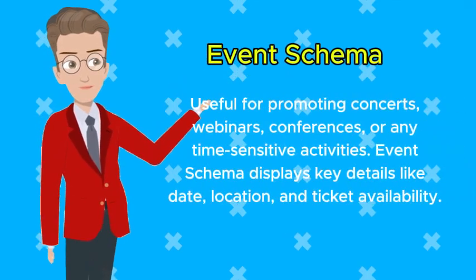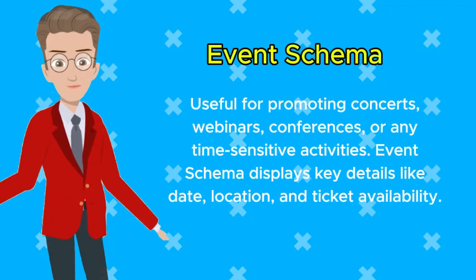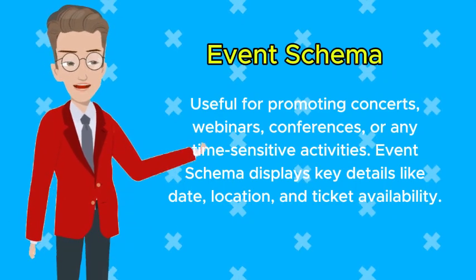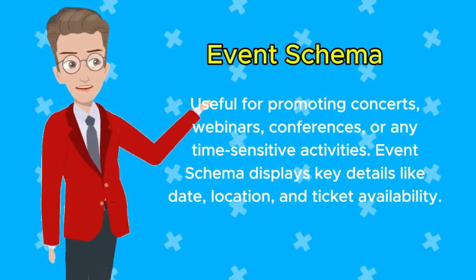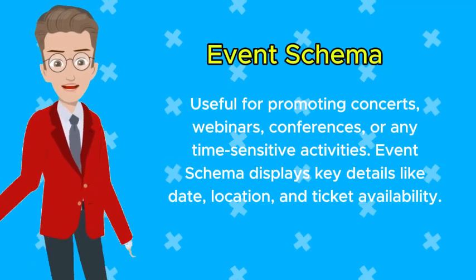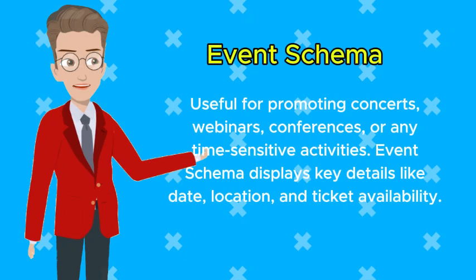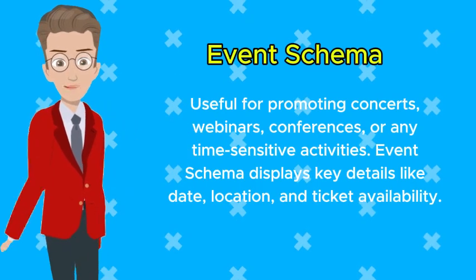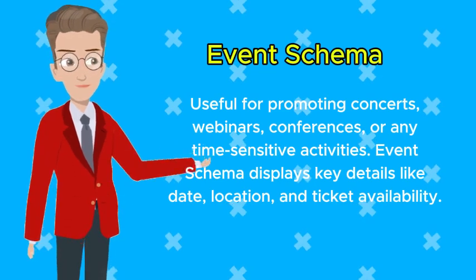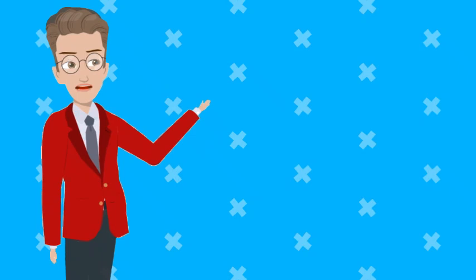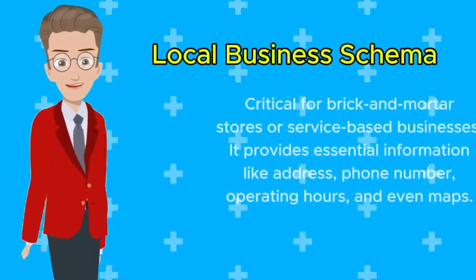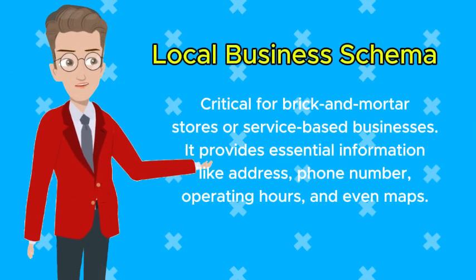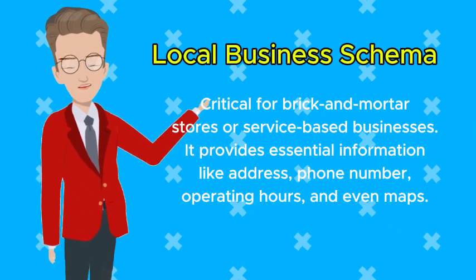Event schema. Useful for promoting concerts, webinars, conferences, or any time-sensitive activities. Event schema displays key details like date, location, and ticket availability. Example, a music festival page could show upcoming dates and venues, attracting users who are actively looking for events. Local business schema. Critical for brick-and-mortar stores or service-based businesses.